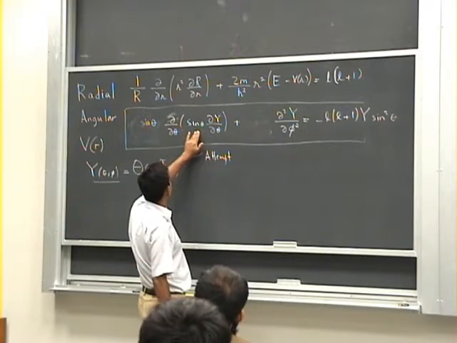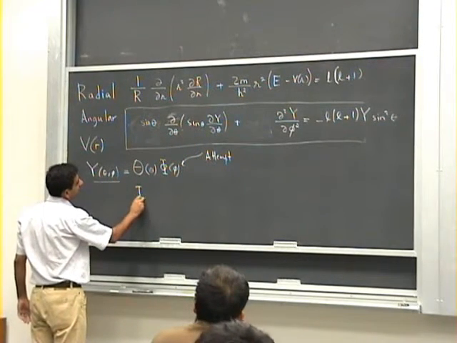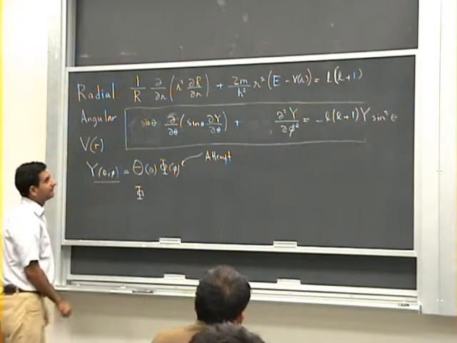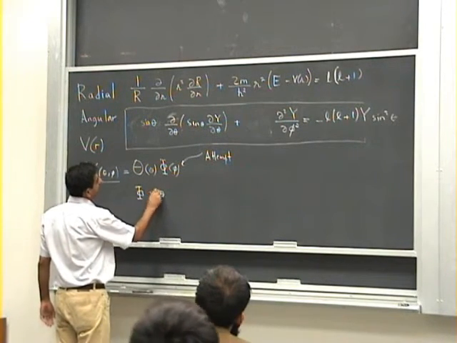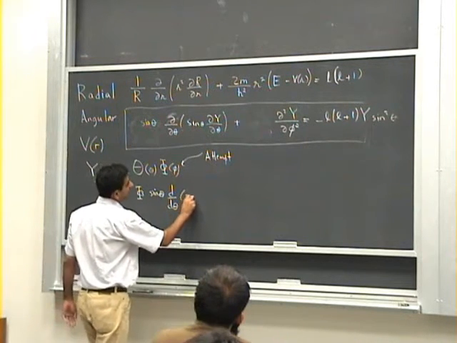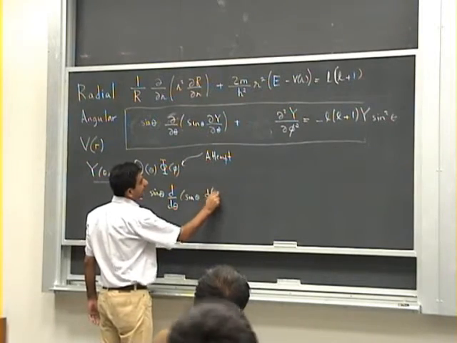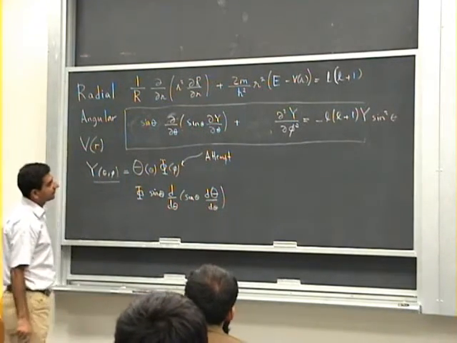There is no derivative with respect to phi, so I am left with a Phi here. Phi into sin theta, d by d theta, sin theta, d capital Theta by d theta. This is the first term.